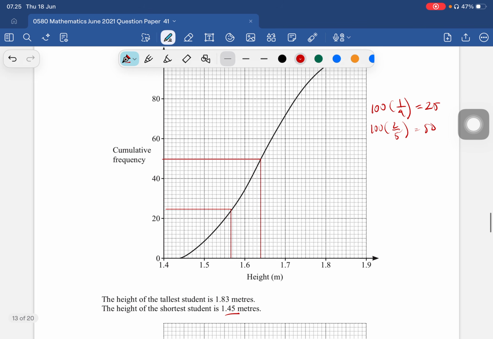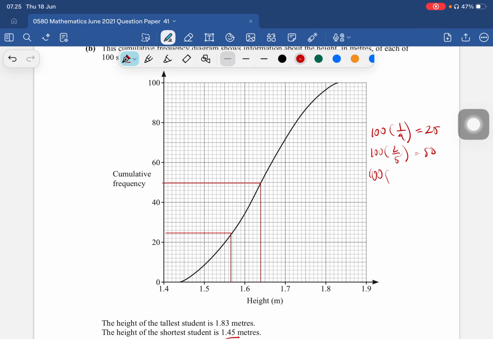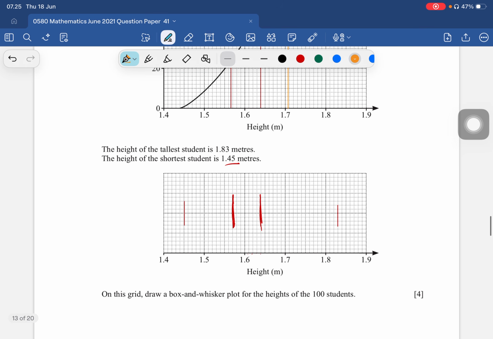Then quartile 3 is 100 multiplied by 3 over 4, which is equal to 75. So this is 70 and 75. Here is 1.71. So 1.71 is here.